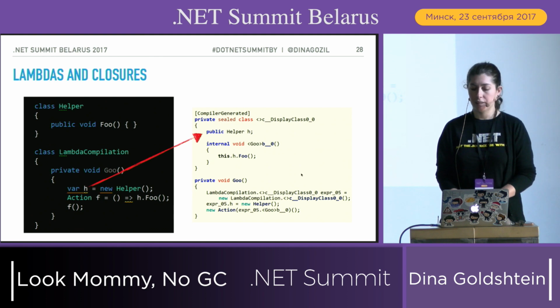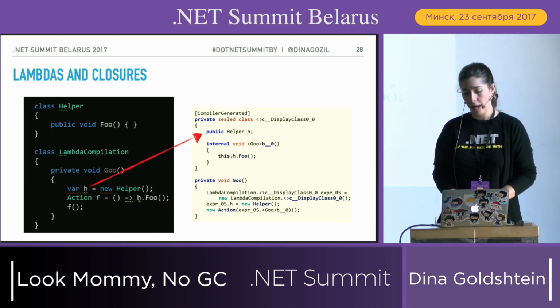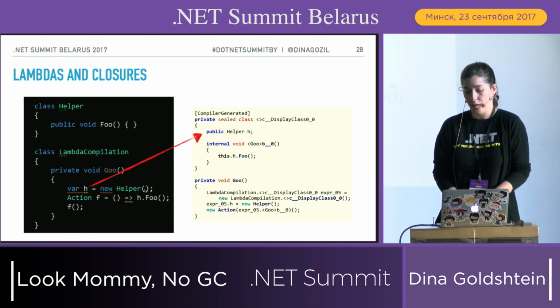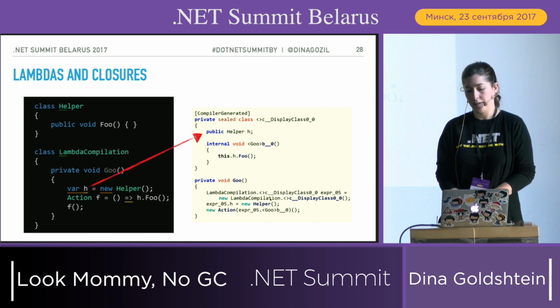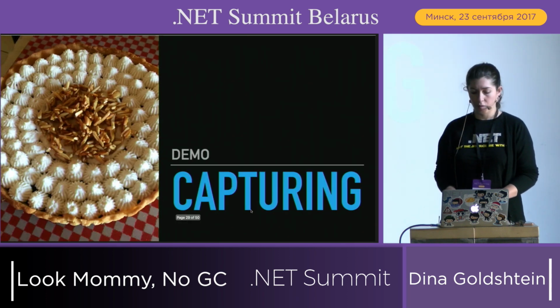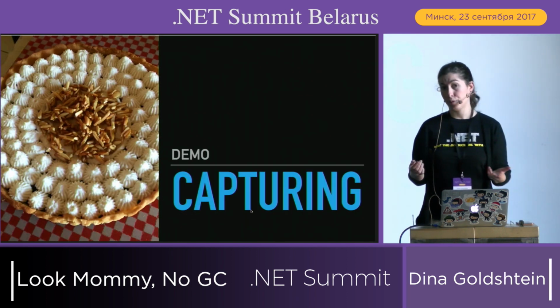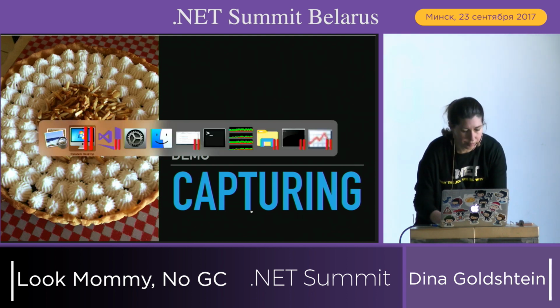The compiler creates a helper class, which has a field for each of the captured variables, and it creates a method which implements the actual lambda code. So all of this is translated into an instantiation of the helper class and an invocation of the method. So let's see the effect of capturing on our performance.